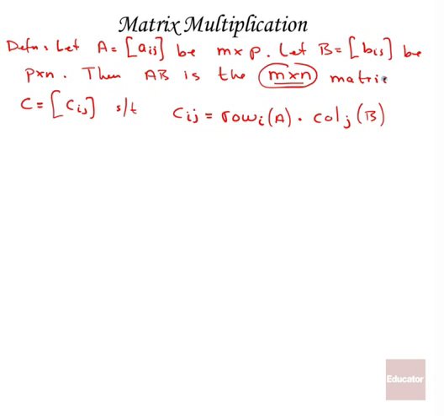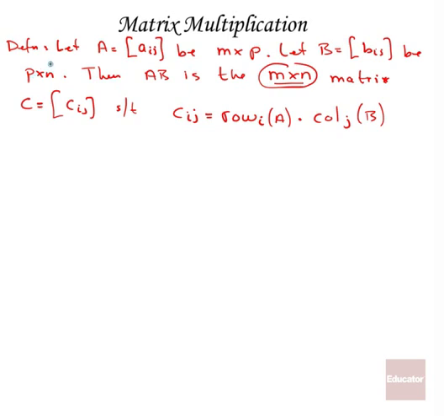And that matrix is such that the ijth entry is equal to the ith row of A dotted with the jth column of B. That's why this P and this P have to be the same.